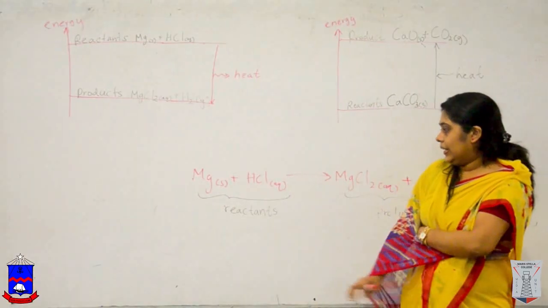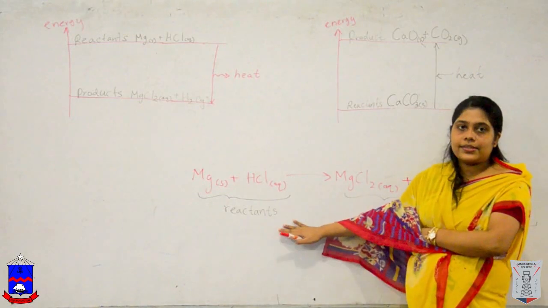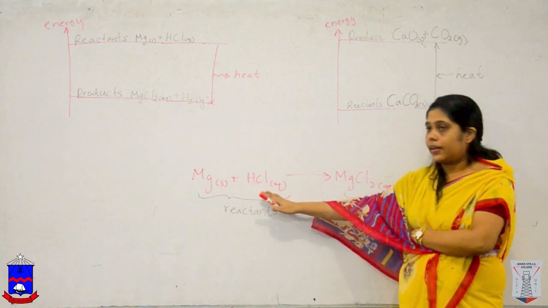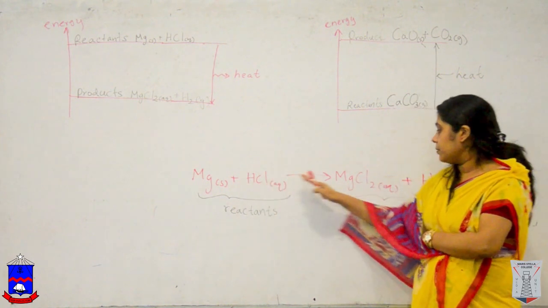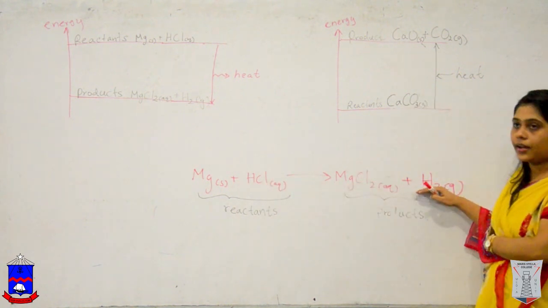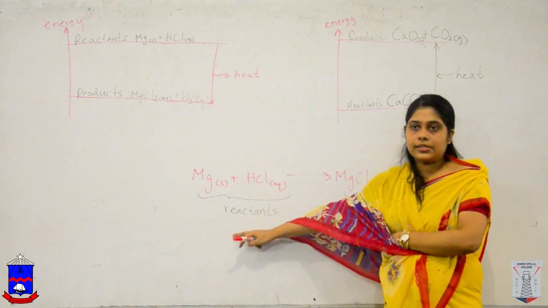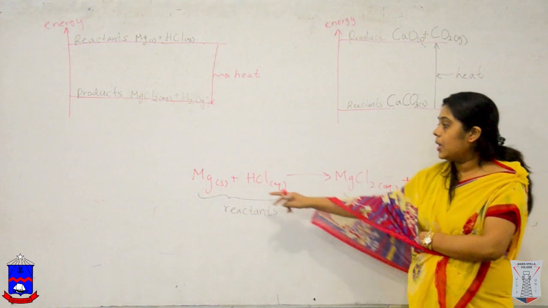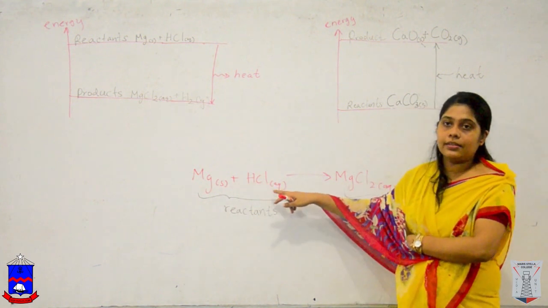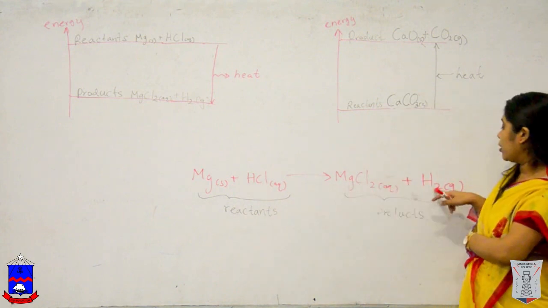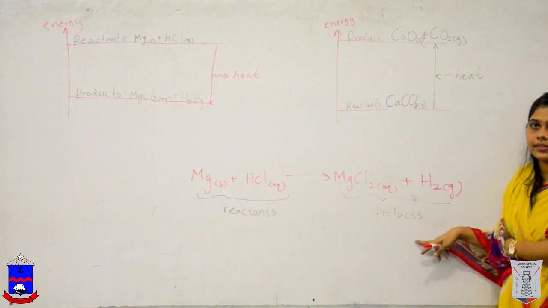Let us consider this reaction: magnesium reacts with HCl, forming magnesium chloride and hydrogen gas. I think you have learned about these terms. Magnesium and HCl are called reactants. Magnesium chloride and hydrogen are called products.